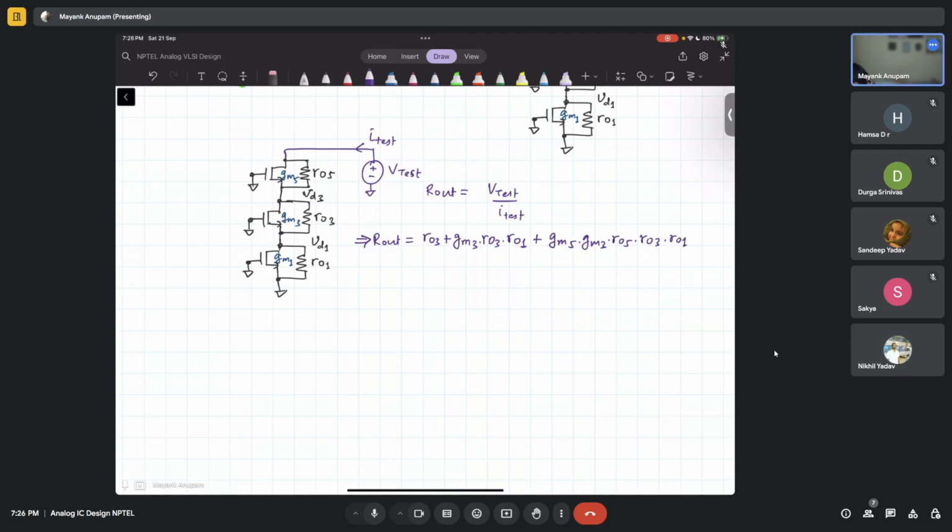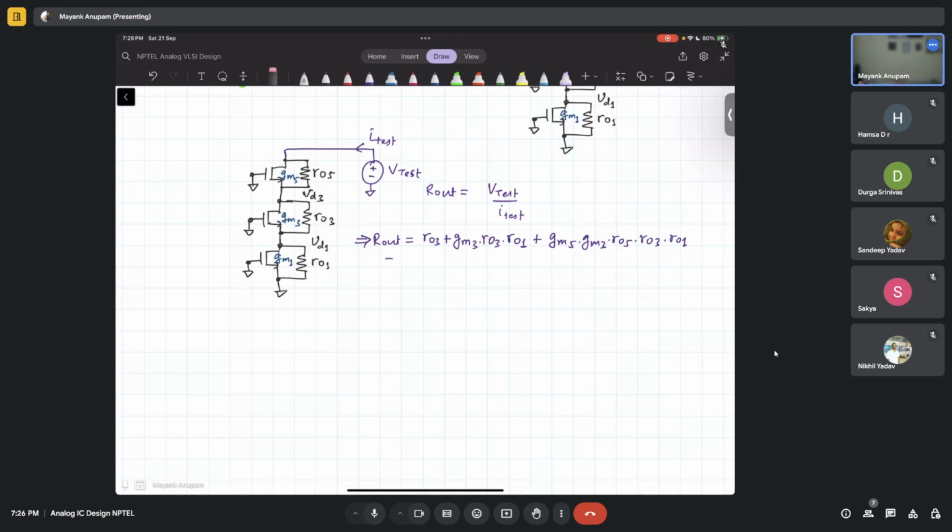I don't think so. No, it is correct. Fine. Good. I think it is correct. So you can see that, generally, if you do it like this, RO3 plus... There is a slight error somewhere you have made.